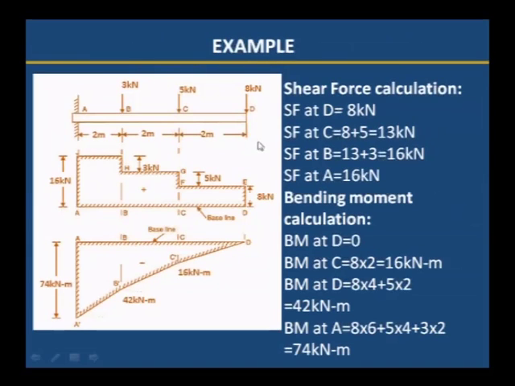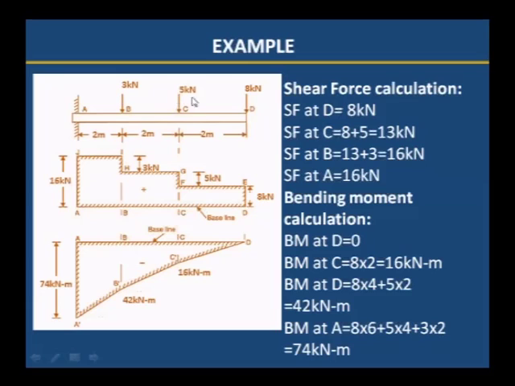Let us take one simple example to understand the bending moment and shear force calculation. This is the cantilever beam carrying 3 kilonewton at a distance of 2 meter from the support, 5 kilonewton at a distance of 4 meter from the support, 8 kilonewton at a distance of 6 meter from the fixed end.